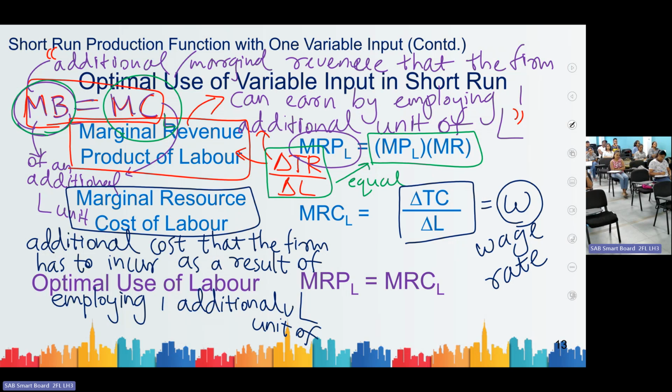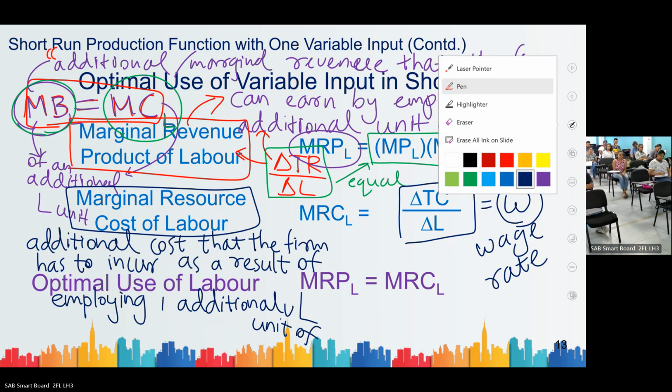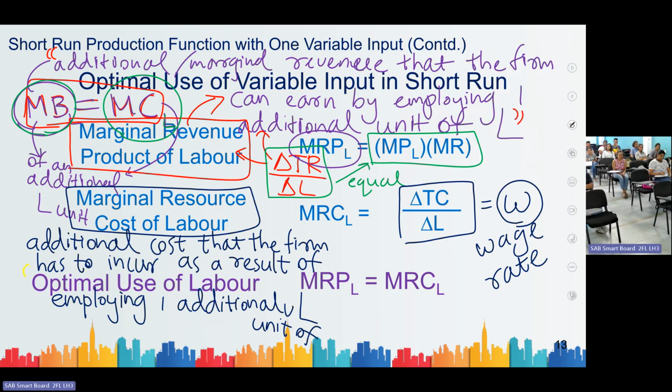So the optimum level of labor is decided where marginal revenue product of labor equals marginal resource cost of labor.